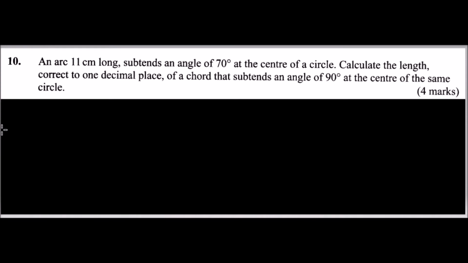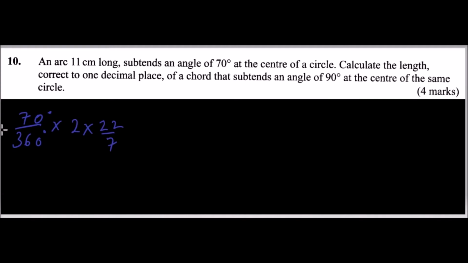To get the radius, we take the angle 70 divided by 360, that is the formula for finding the length of the arc. So 70 degrees over 360 multiplied by 2 pi r. Our pi is 22 over 7.